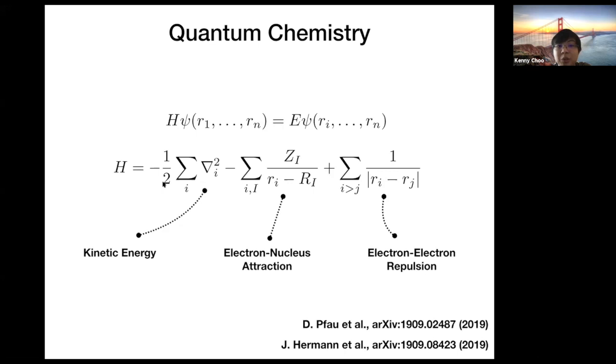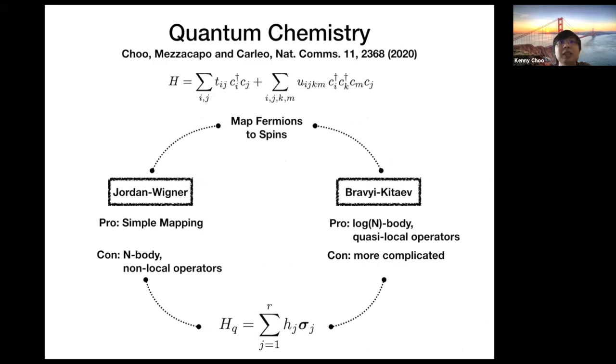But since we want to apply the same kind of machinery, we'll map this fermionic Hamiltonian to a spin Hamiltonian. There have already been 2 talks about it where they use a slightly different approach. The approach that we took is this second quantized approach where we have a finite orbital set. And if we fix this finite set of orbitals, the fermionic Hamiltonian will take, in general, this kind of form.